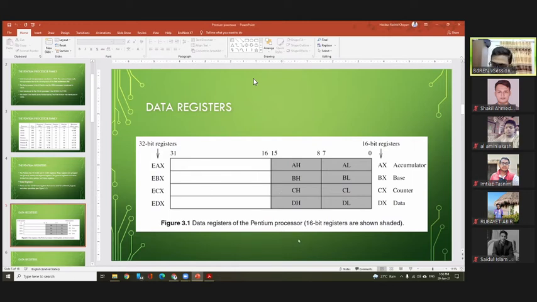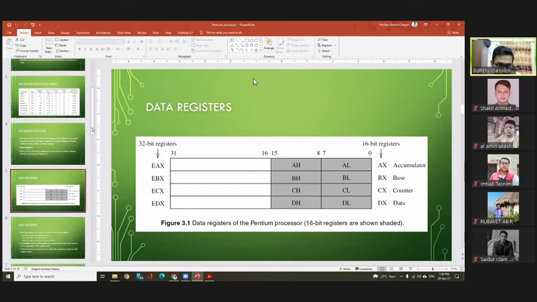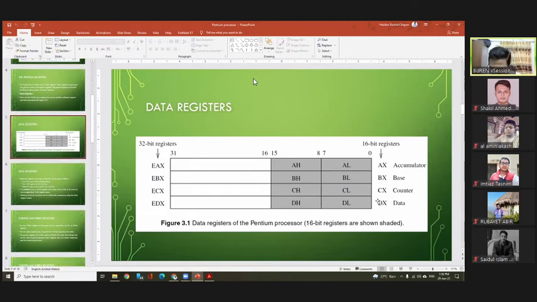Okay, anyway. So any question about the data register? Do you understand how we are going to use the data register? Remember, we are going to use the names of the data registers whenever we write code, like addition, subtraction, multiplication, division. We use them based on the size we need.